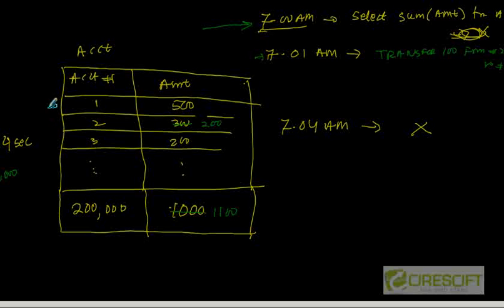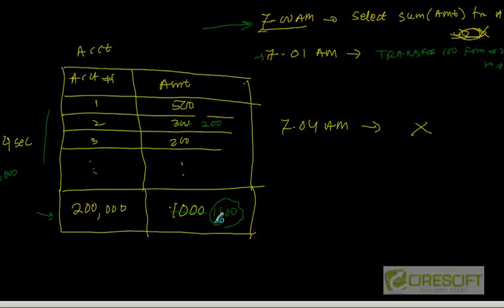Don't worry, we keep continuing, and eventually this transaction is going to read the value at account number 200,000. But when it goes there, it sees the new value, which is 1100. Remember, this 1100 was not there when the transaction started at 7 a.m.